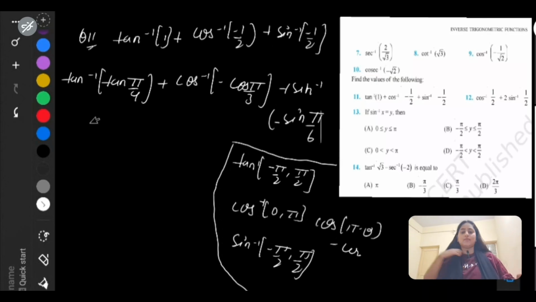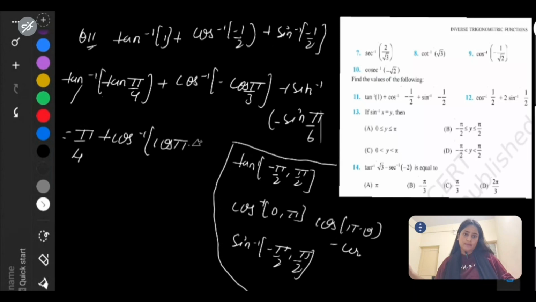So let's move on. Tan pi by 4 is in the range of minus pi by 2 to pi by 2, so it cancels out and we can simplify this. In the next line, pi by 4 from here, and cos inverse cos of pi minus pi by 3.